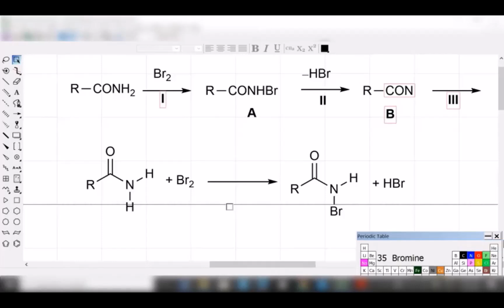This is followed by a question later that asks what is the oxidation state of the bromine in A. Most of the students will give the answer as -1 because, you know, bromine, halogen, always minus.